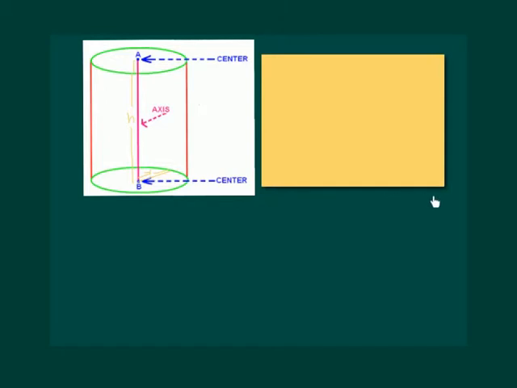Now, if the cylinder is to be covered with colored paper, what we have to do is take a rectangular sheet of paper whose length is just enough to go around the cylinder and whose breadth is equal to the height of the cylinder. That means length should be equal to 2 pi r, which is the circumference of the circle, and breadth should be equal to the height of the cylinder.